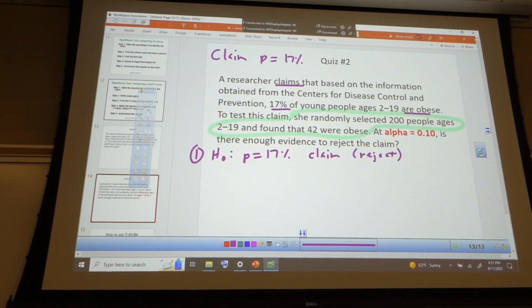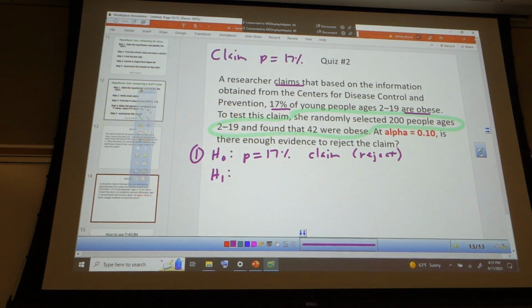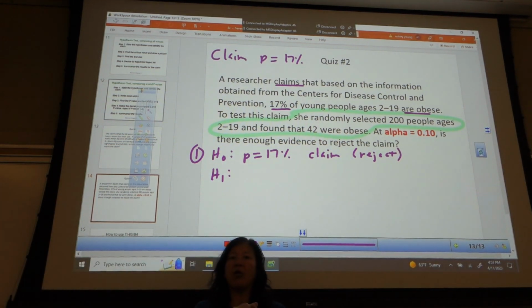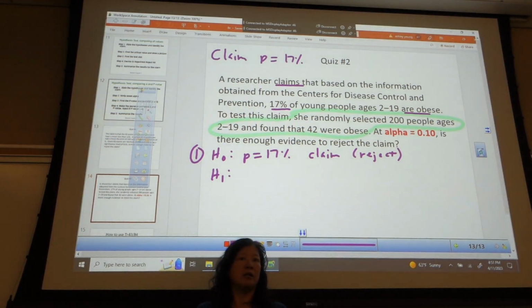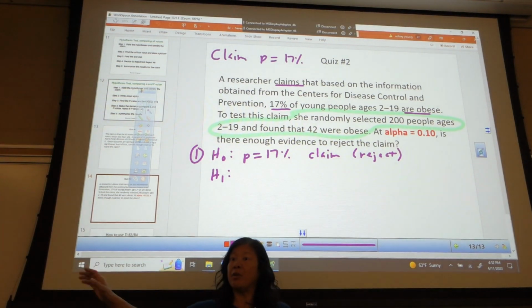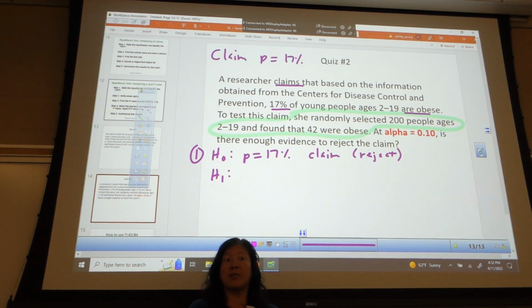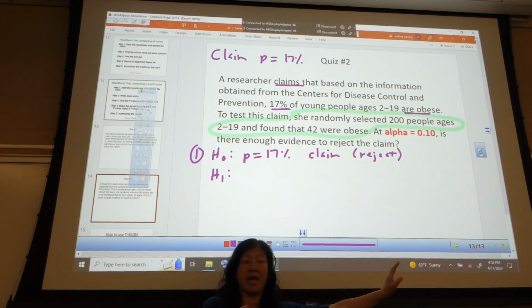Okay, so here's the second thing. Since my claim is H naught, how would I reject my claim? My claim says I am 17%. How would I disprove that? What's one way I could disprove that? If I got something that was P is not equal to. Yeah, something a lot smaller than it, or something bigger than it.